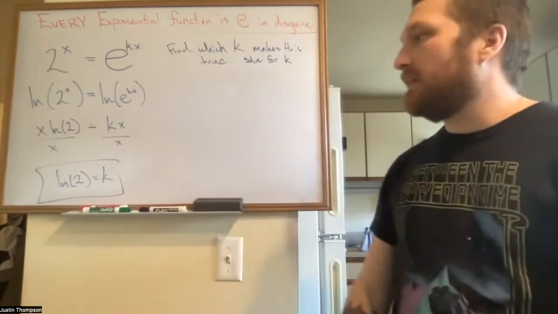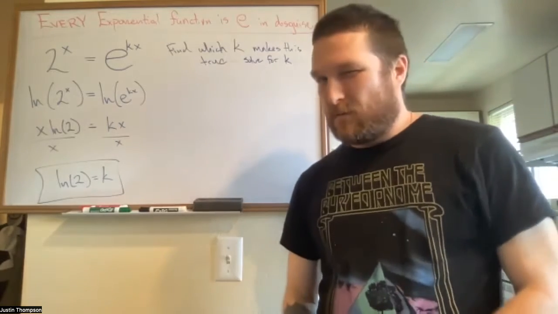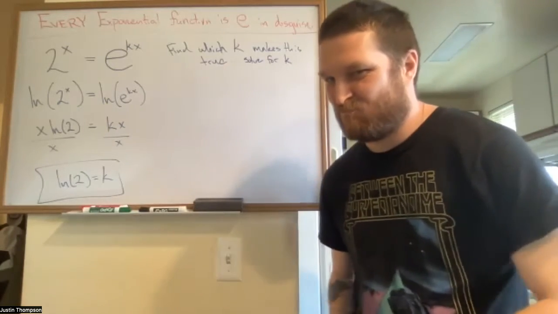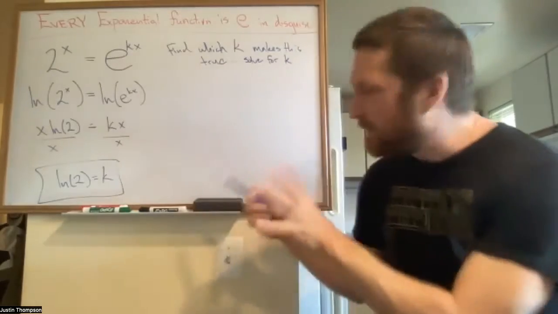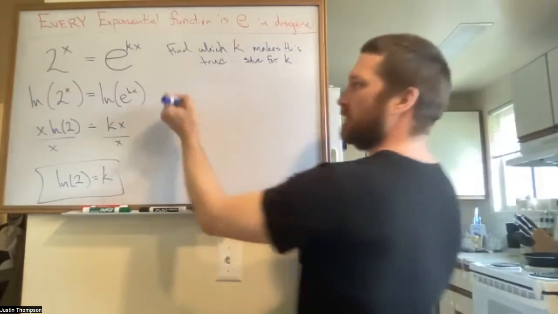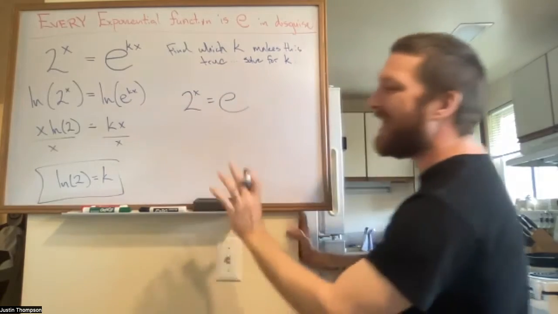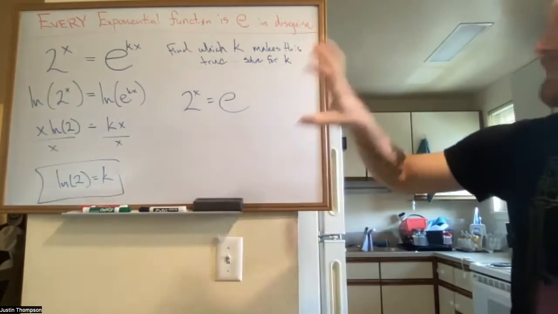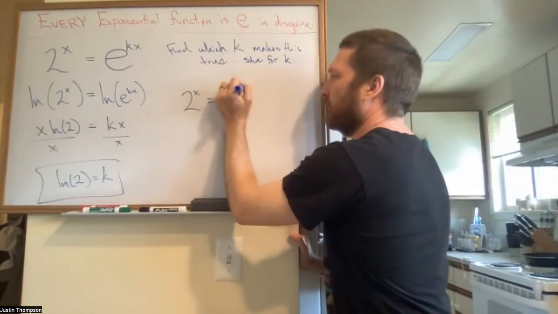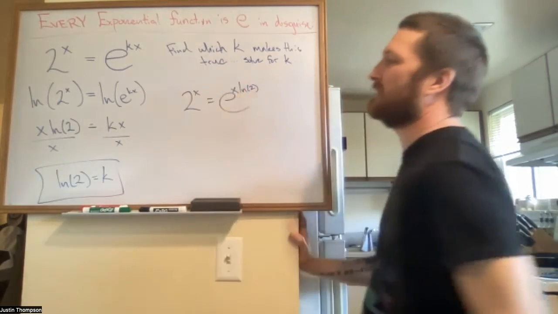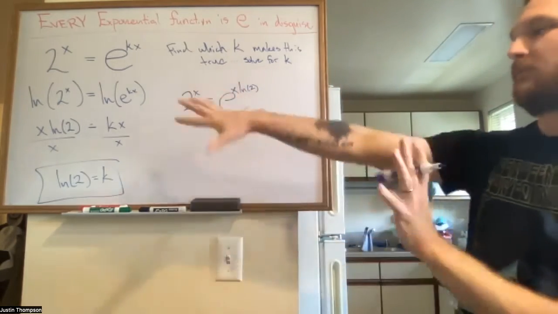All right. Did we divide by 0? This will be true. It will be true that 2 to the x does equal e to the kx, where I write k as log 2 times x, but I'm going to write my x on the left-hand side because that's what I do with logs.